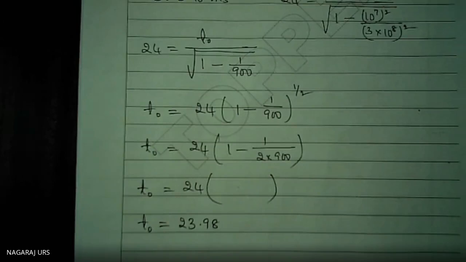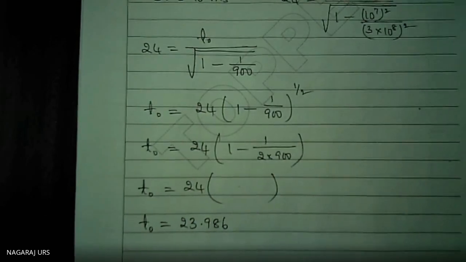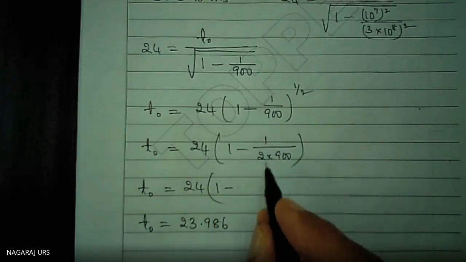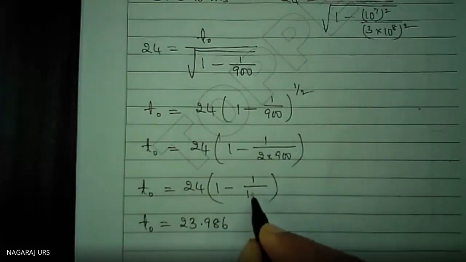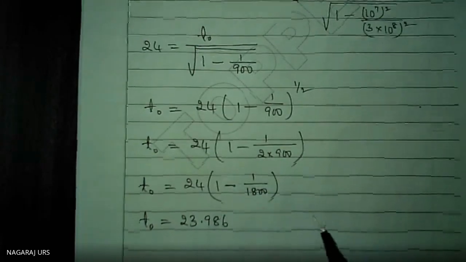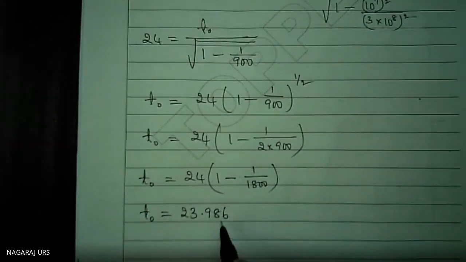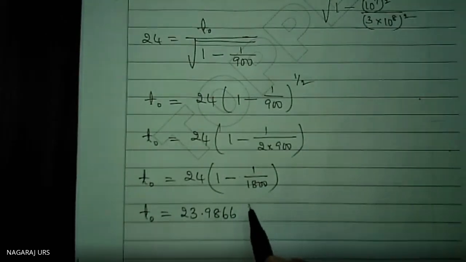Is it right? Third decimal point. Are you getting the third decimal point also? 6, huh? Is it right? 988 or 86? Check it up. 1 minus this is 1800. 8669866. Shall I write 7 also? Is it exact?